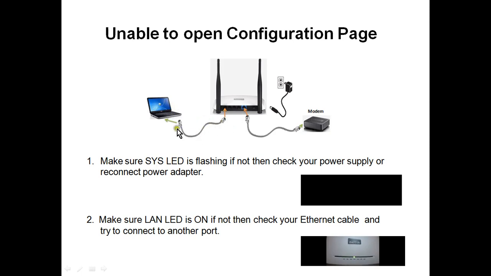We can connect this cable to the second, third or fourth port, or we can change the cable. There might be some problem with this cable, so we will not get connectivity. The LAN LED should be on. So, sys LED flashing, LAN LED on.